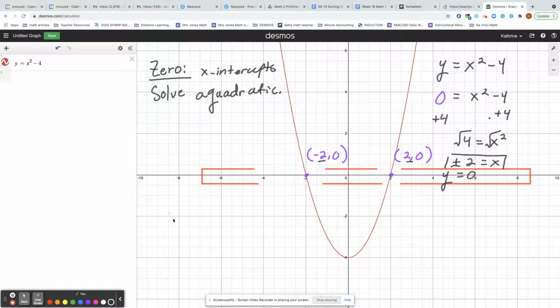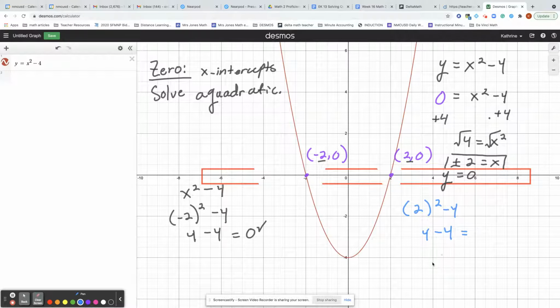That is because if I plug -2 into the equation x squared minus 4, this will be 4 minus 4, which will give me 0, so it works. And if I plug in +2, squared minus 4, I still will get 4 minus 4.